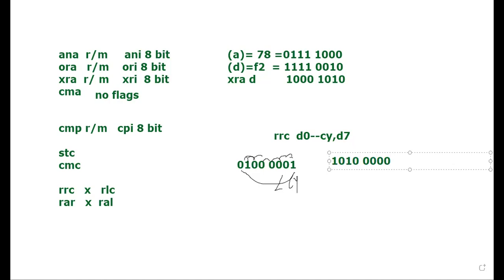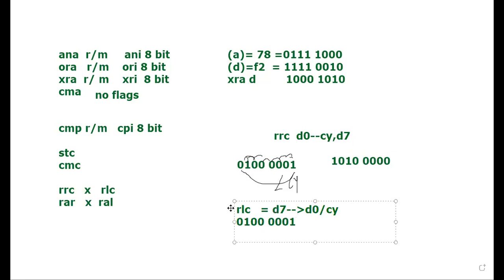After that, the RLC instruction. What does RLC do? Exactly opposite. Every bit will be shifted towards its left position. So in RLC, who comes out? The D7 bit will go to D0 as well as it will affect the carry. So suppose my number is 0 1 0 0 0 0 0 1.